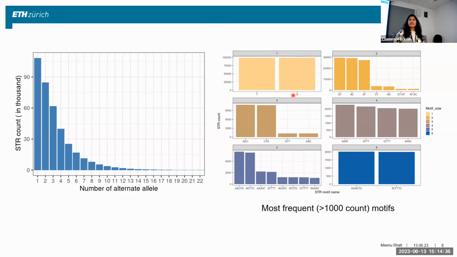And this could be because of sequencing, or it could be that they are less tolerant of having more variation compared to A and T. And mostly it's GTAC and, for three, AGC. So these are the most frequent motifs observed in cattle, and we observed almost similar ones in human as well.